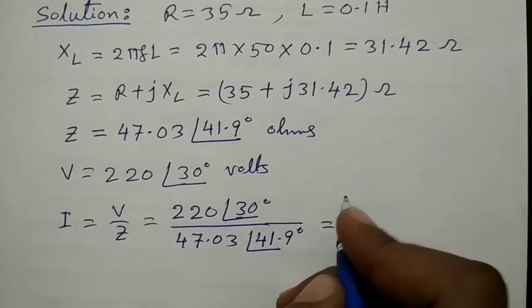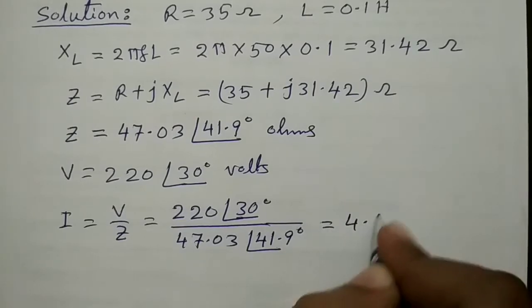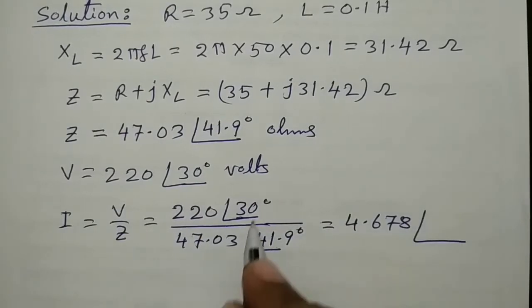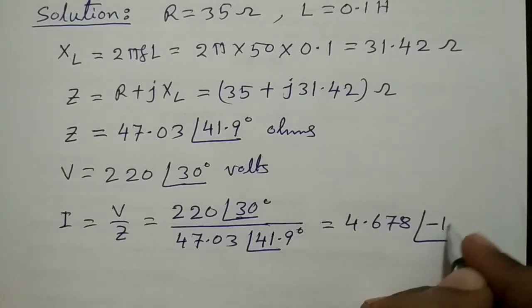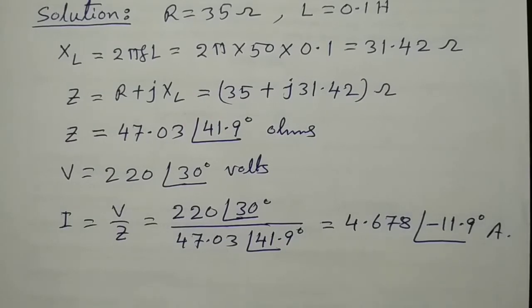After division the value will be 4.678. This is the magnitude of the current, that is the RMS value, and the angle will be 30 minus 41.9, so it will be minus 11.9 degree. So this is the current in polar format.